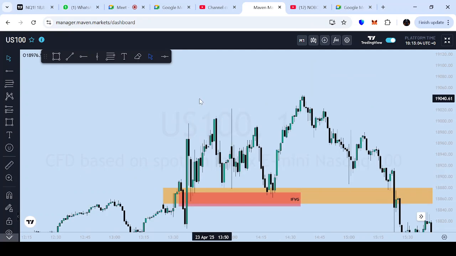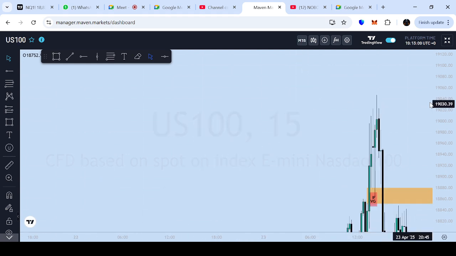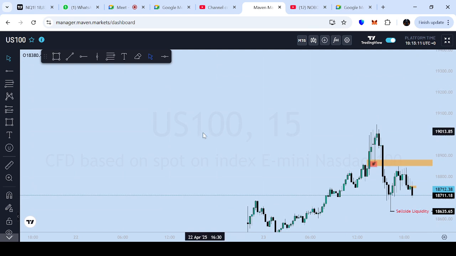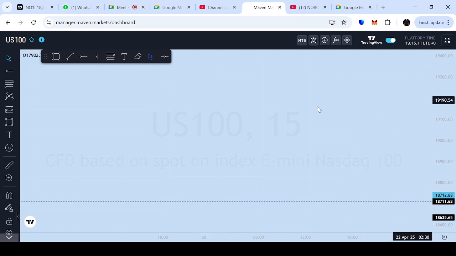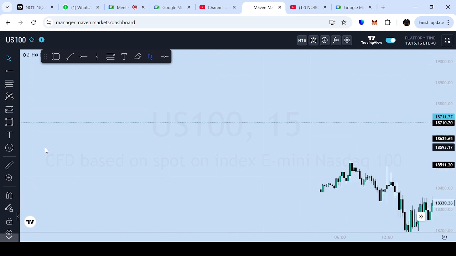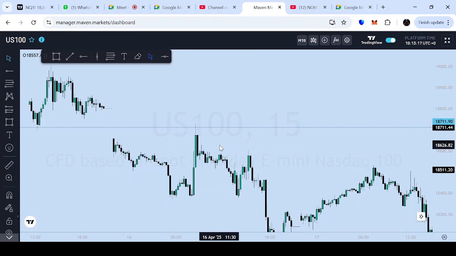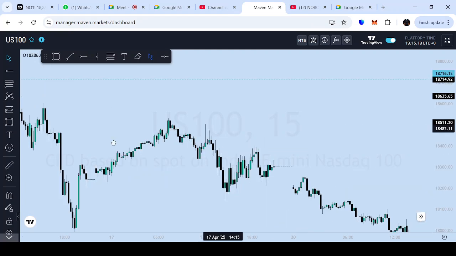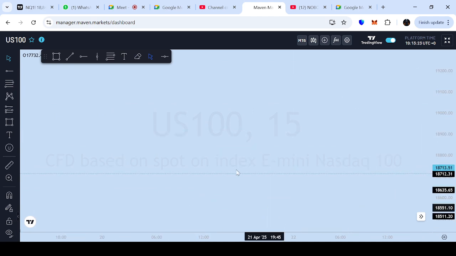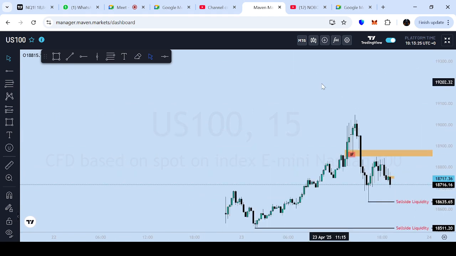You target the liquidity resting above. Under 15 minutes, we have a buy side liquidity that price went and took out. This is the 15 minutes chart. That's the high there.